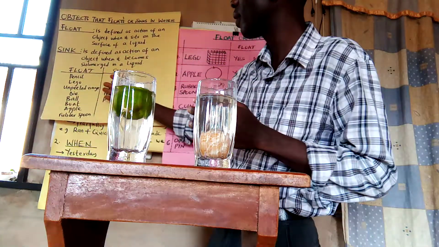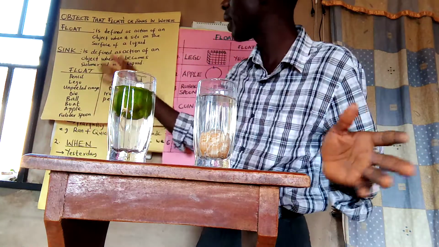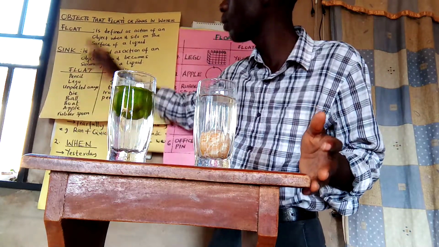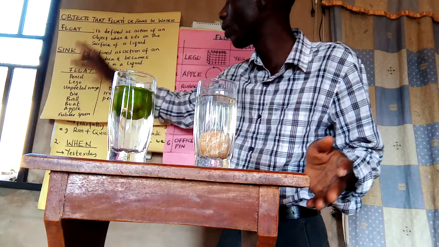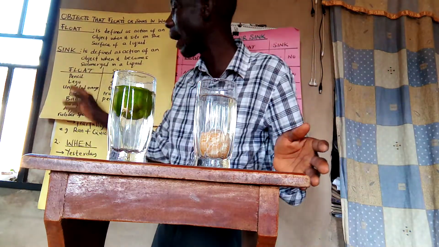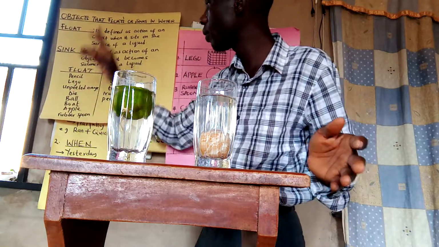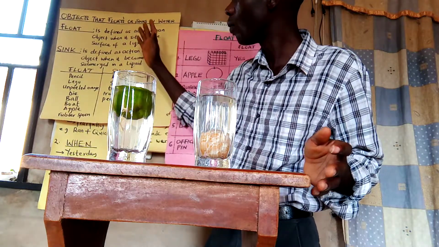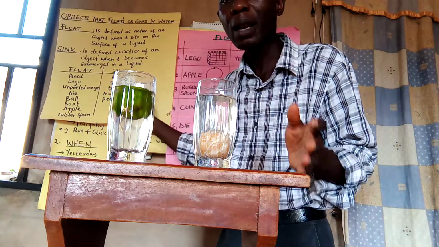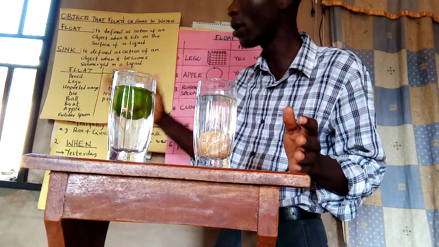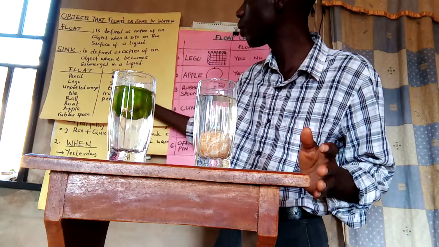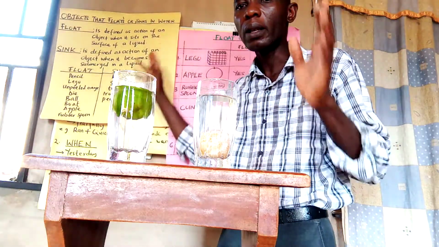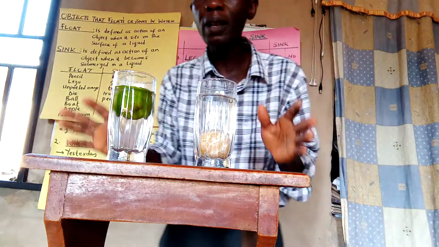From what you have demonstrated this afternoon, the objects that float are: pencil, Lego, unpeeled orange, die, ball, apple, rubber spoon. And the objects that sink in water are: keys, stones, toy cars, iron spoon, peeled orange. They will all sink in water.